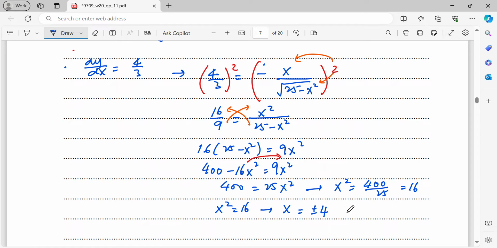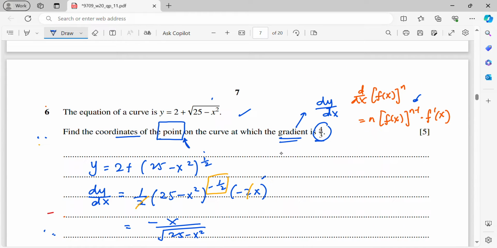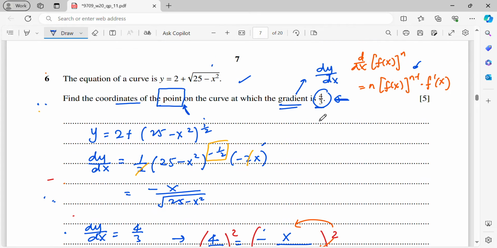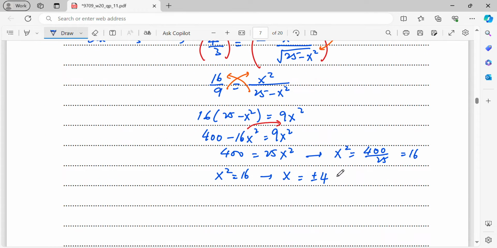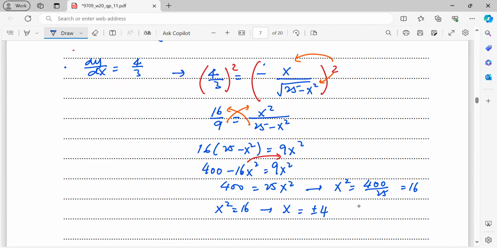Okay, so how do we decide which x? Because when you look at the question, it mentions point, only one x. So now we have to check the gradients, 4/3. Do we get 4/3 for these two x values or just one x? Alright, so now we need to do checking, because initially there's a square root. We eliminated the square root by squaring both sides. That's why we need to check.